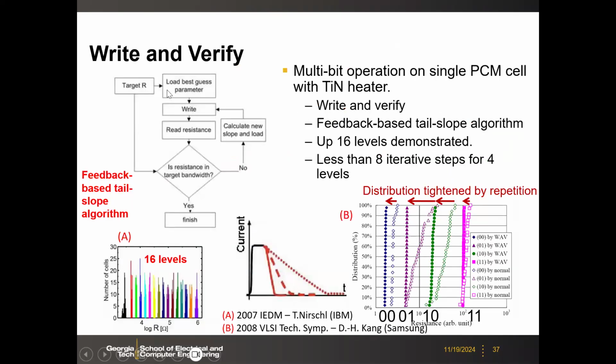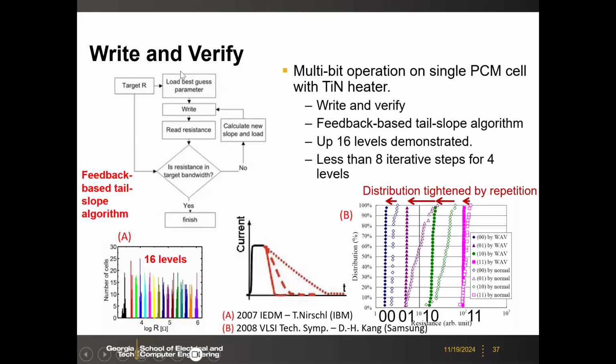So here, if you want to have more levels in between, for example 16 levels, then that will be more difficult, right? It's the same issue as the NAND flash, right? If you want to have multi-level, 2 bit per cell, TLC, 3 bit per cell, or QLC, 4 bit per cell, then you have to tighten the distribution.